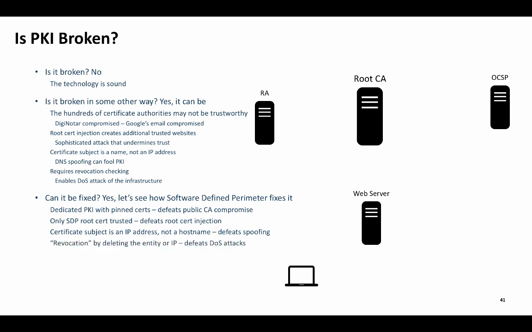Finally, all certificates in the software-defined perimeter are revoked by deleting the entity or the IP address owning the certificate. Therefore, CRLs and OCSP responders are not needed and therefore cannot be attacked via denial of service attack.